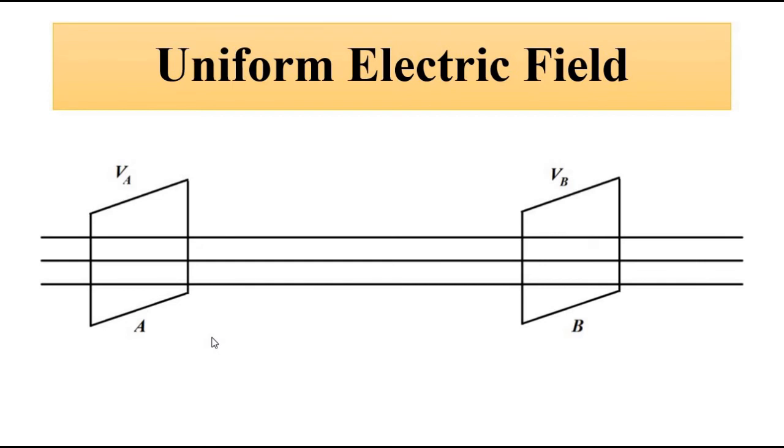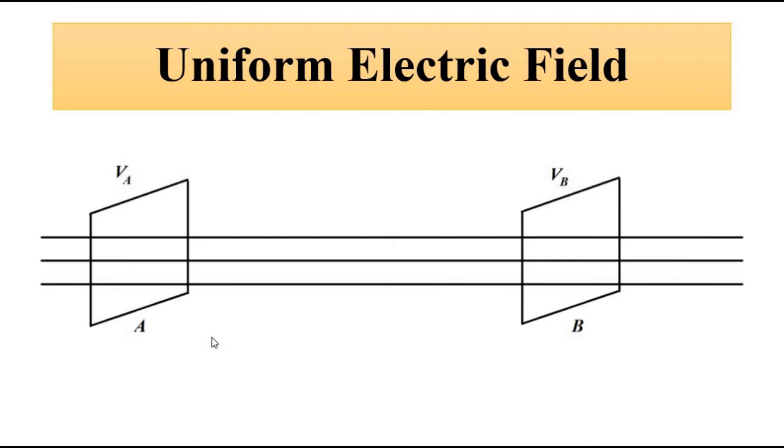So here we have parallel planes, let's say 2 planes A and B, which are at different potentials VA and VB. They are parallel planes such that the electric field is at right angles, perpendicular or normal, to these planes.